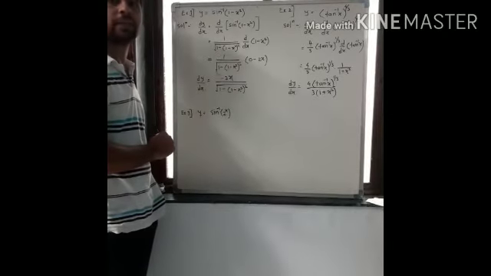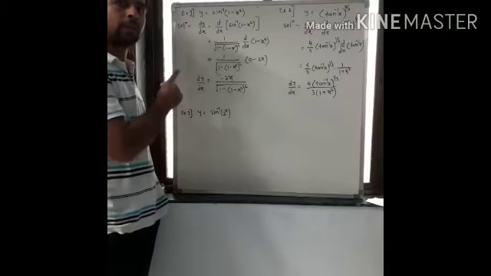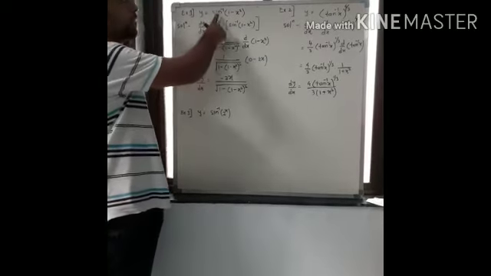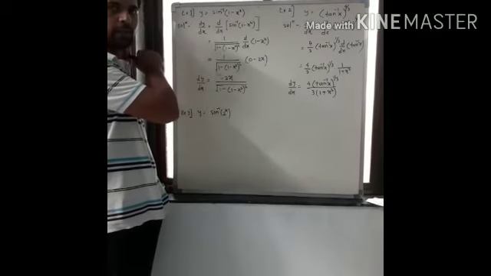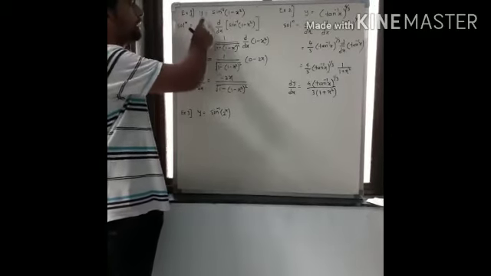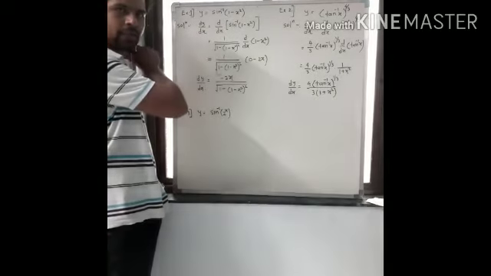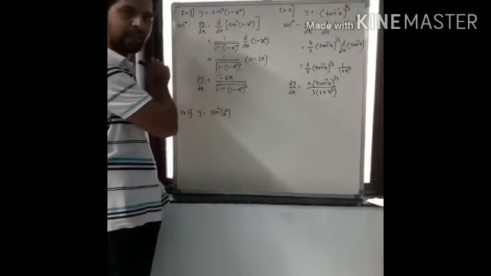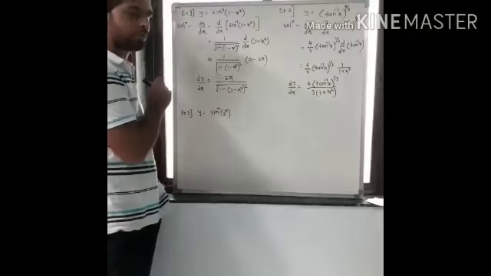Now we'll differentiate this function by using derivatives of inverse trigonometric functions. Here the trigonometric function is sine inverse, right? So the derivative of y with respect to x will be dy by dx. Now we have to differentiate the right side, sine inverse of 1 minus x square.